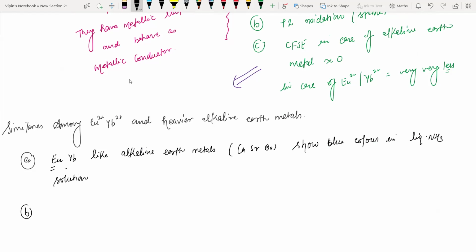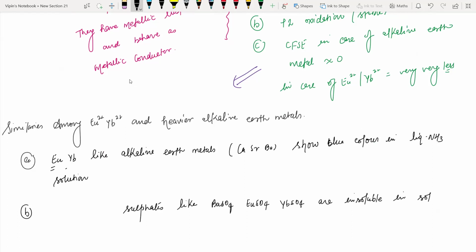Another similarity is that the sulfates, like BaSO4, EuSO4, and YbSO4, are insoluble in water.